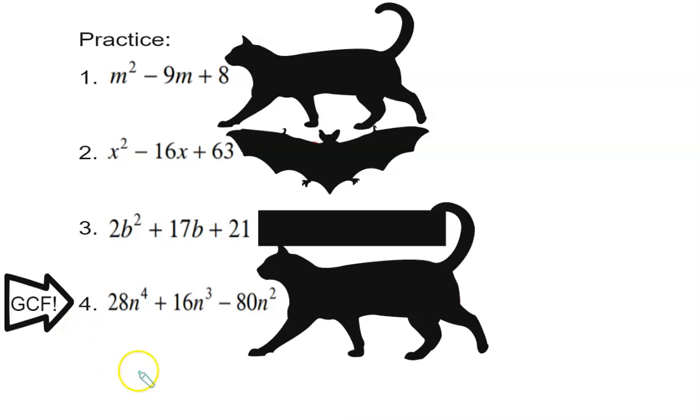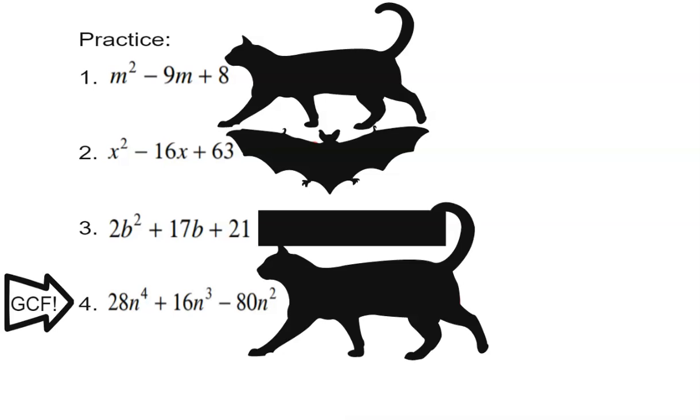I want to give you about 8 minutes to do this. Okay, using the method that you just chose. On this last one, I'm going to test you. You need to first take out a GCF like we talked about last week. All right, so pause the video and put 8 minutes on the clock, and after 8 minutes, we're going to check our answers, okay? Okay, go ahead.